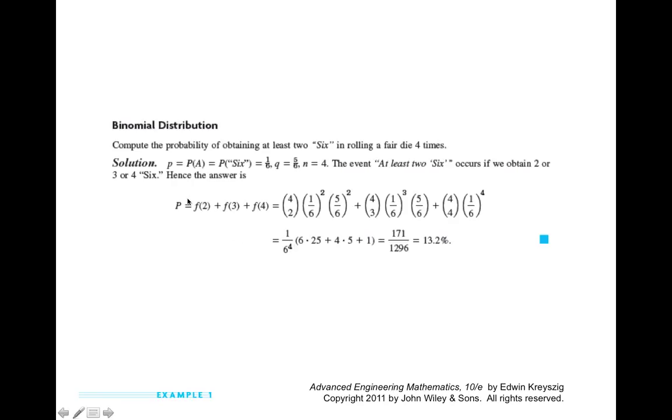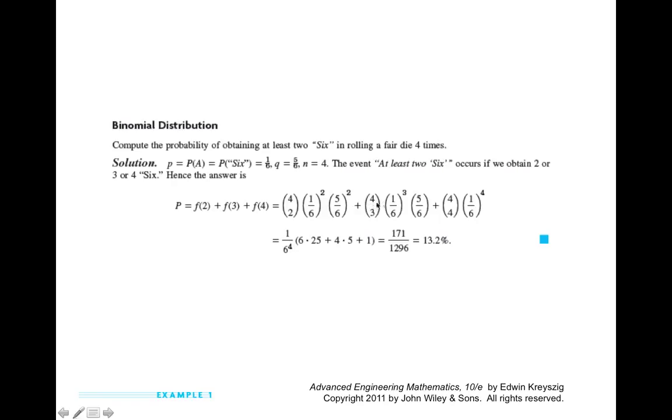So if we look first at the function for getting 2 sixes, we would have 4 trials, 2 outcomes, a 1/6 probability of getting a 6, a 5/6 probability of getting a not 6. Each would be squared because we're assuming this is the case where we got 2 sixes.